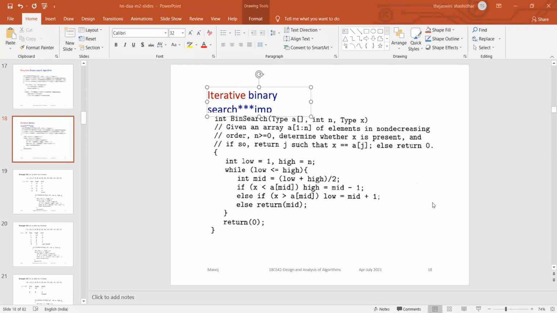Low points to the first element and high points to the 10th element, that is the last element.